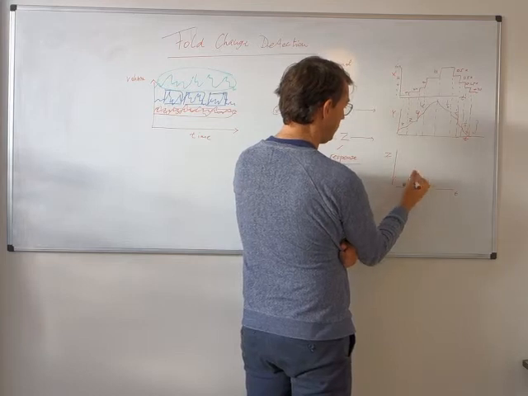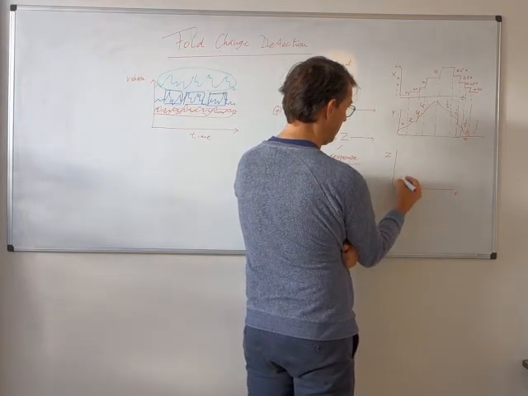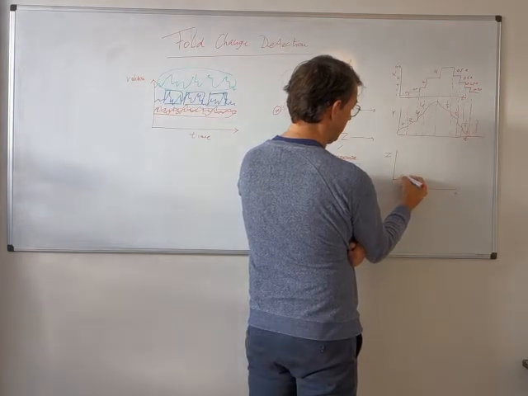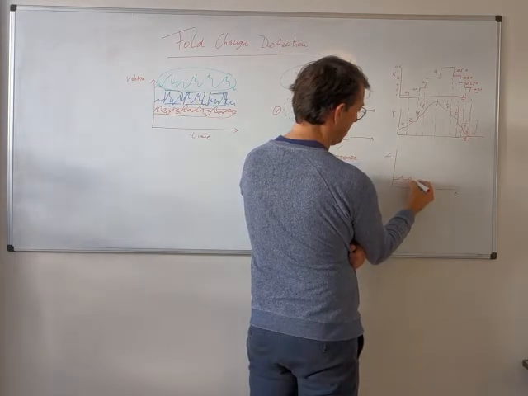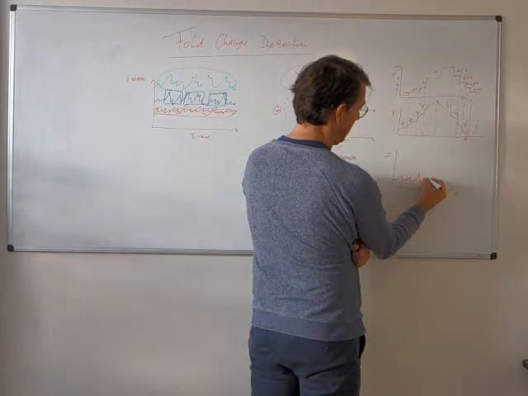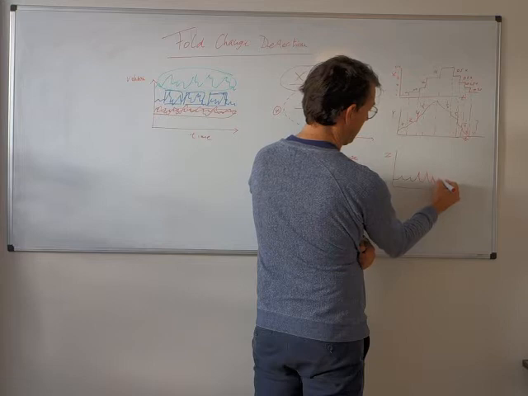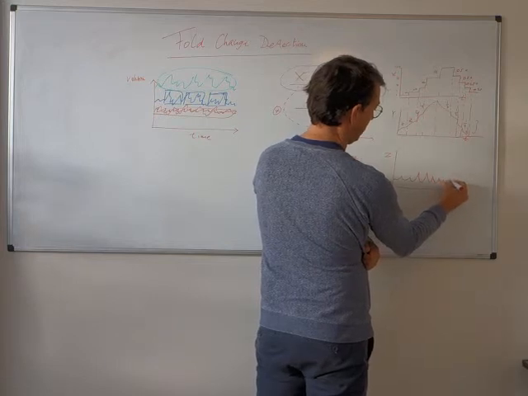But what we're going to look at is some somewhat weird response, is that the response of Z will always be the same when it is confronted with the same fold change.